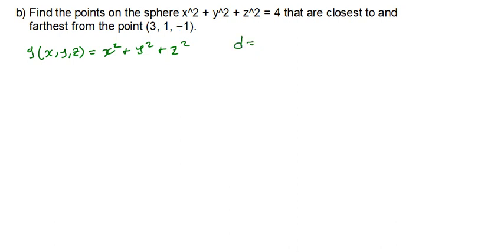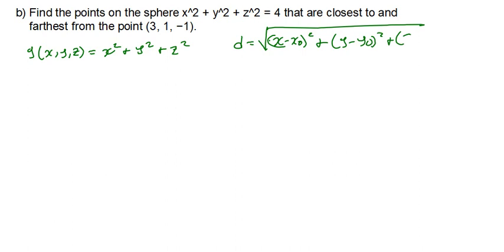You know that distance is equal to the square root of (x minus x initial) squared plus (y minus y initial) squared plus (z minus z initial) squared, like that. Okay, but I'm going to use it in this way.